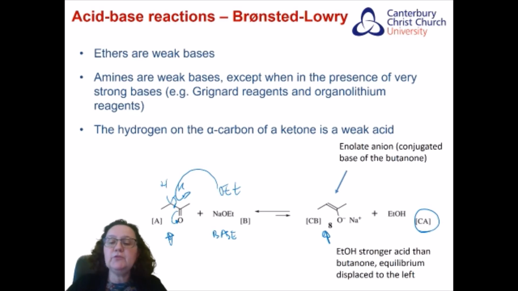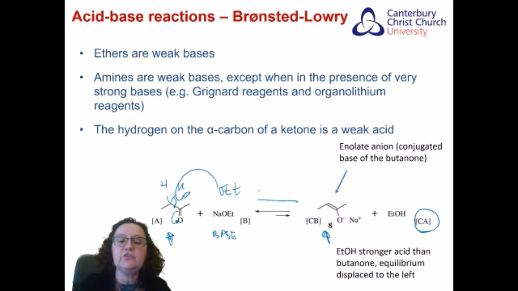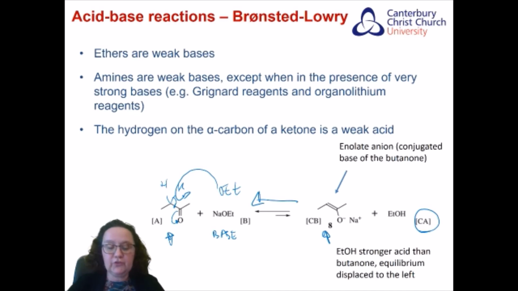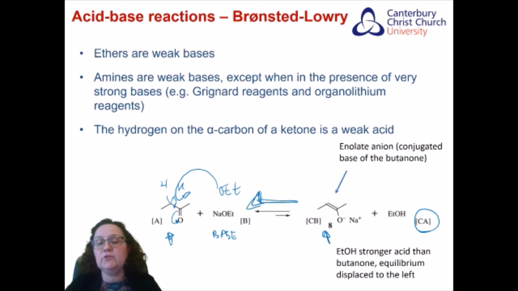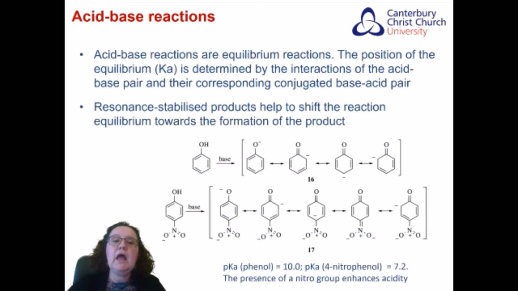So the equilibrium of this reaction is strongly displaced towards the left, towards the reformation of the reagents from the product. And that is because the ethanol is a stronger acid than the butanone, so the reaction is more favorable, shifting the equilibrium towards the left.